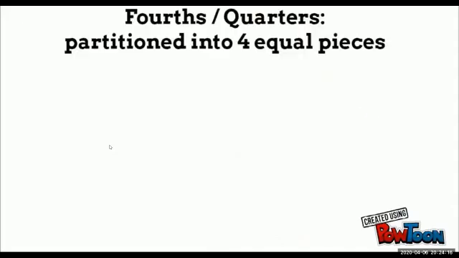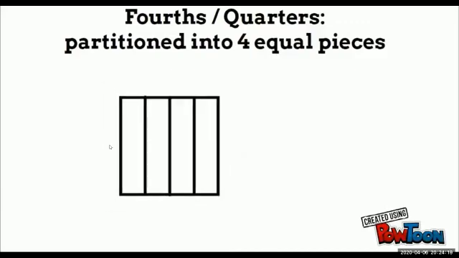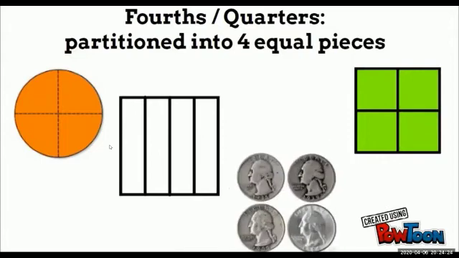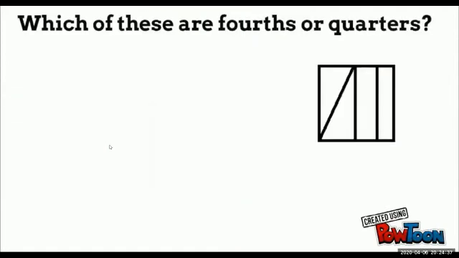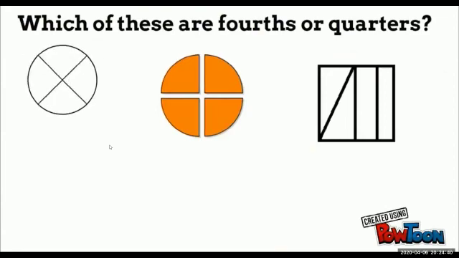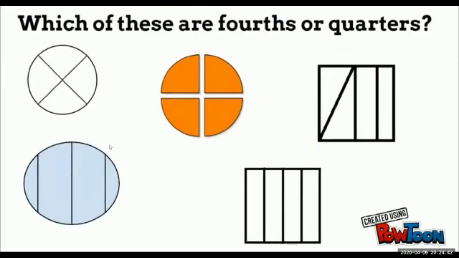So that was halves. Now let's look at what fourths are. Fourths, which are also called quarters, is when something is partitioned into 4 equal pieces. Just like we say it takes 4 quarters to make $1, that's the same thing as a fourth. So anything that's cut into 4 equal pieces is called a fourth or a quarter. Let's look at some examples. Which of these are fourths or quarters? In your head, try to look at these and see which ones are cut into 4 equal pieces, meaning the pieces have to be the exact same size.